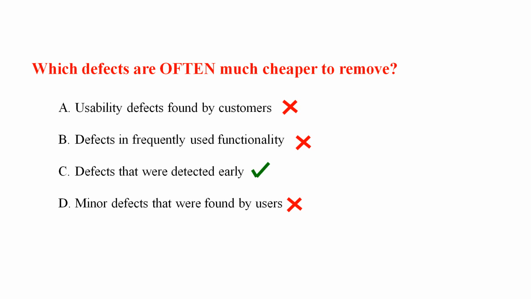So defects that are detected early, that is, defects detected at the early stage of the project. What is the early stage of the project? Requirements gathering. So the defects found in the requirements gathering stage are cheaper to remove. Right? It's a very important topic and concept, very important for interviews as well as for all competitive exams and screening tests.